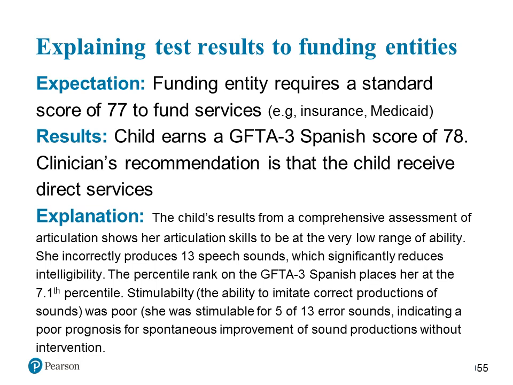Actually, that's an error. It should just be 7th percentile. Stimulability, which is the ability to imitate correct productions of sounds, was poor. She was stimulable for 5 of 13 error sounds, indicating a poor prognosis for spontaneous improvement of sound productions without intervention.